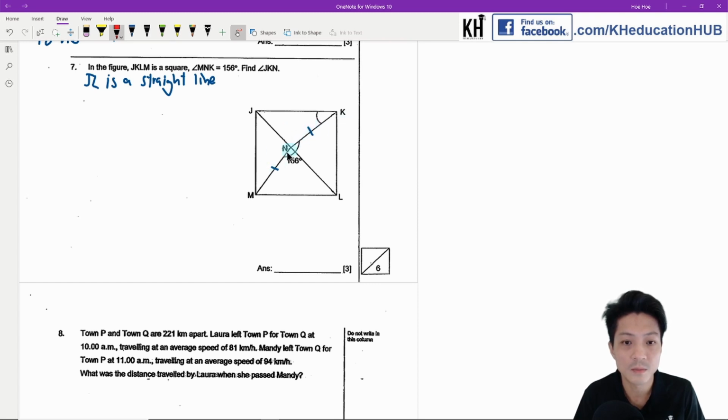If JL is a straight line, so these two lines are the same. If I were to draw a straight line from J to M, it will make this an isosceles triangle. I'm gonna find this small angle over here.